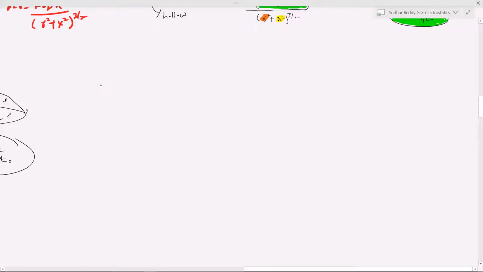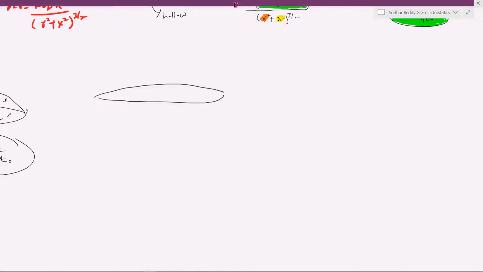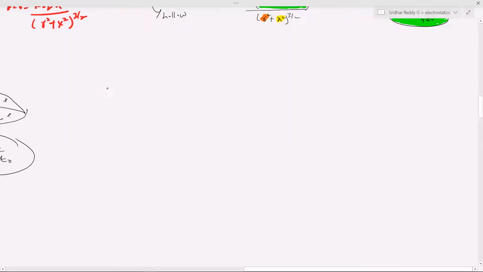Okay, now if there's a hemispherical shell, just now we derived the formula, no? What is the field strength at this point? Sigma by 4 epsilon naught.